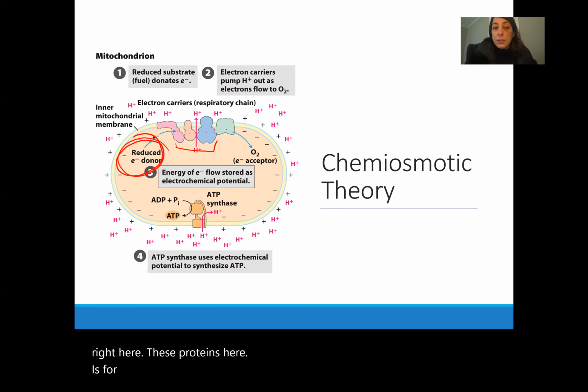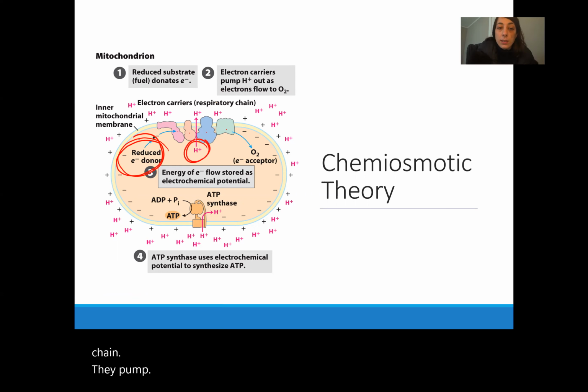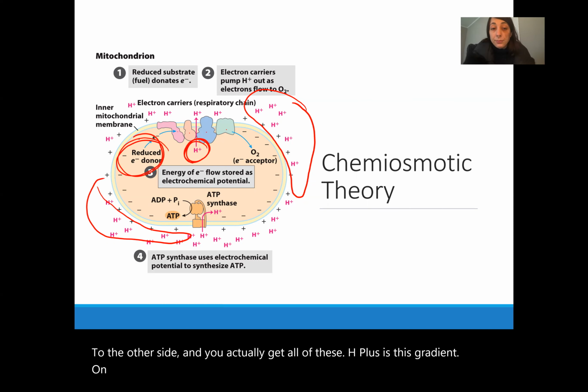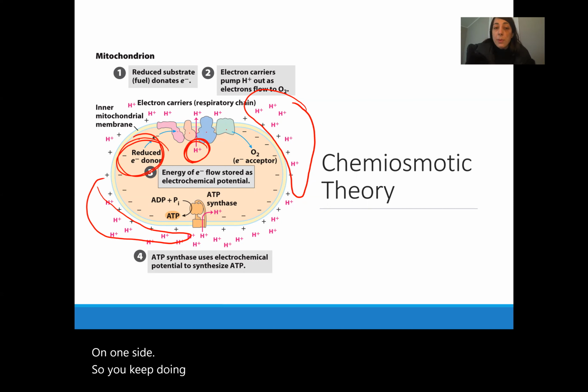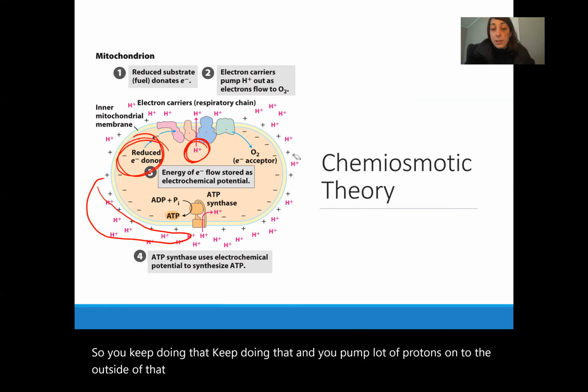And as the electrons flow through them, the electron transport chain, they pump H+ from one side of the membrane to the other side. And you actually get all of these H+, this gradient on one side. So you keep doing that, and you pump a lot of protons across the inner mitochondrial membrane.